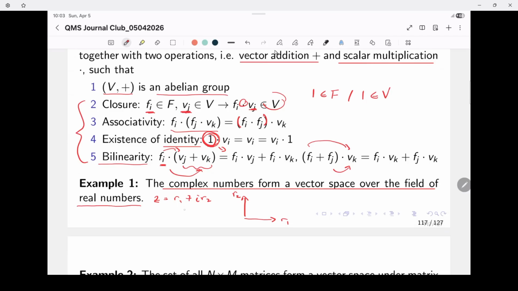So in this case, your 1 and i, 1 corresponding to the real part, i corresponding to the imaginary part. These two become the basis of your vector space over the field of real numbers. And then your R1 and R2 will be any real numbers. So that's what it means by example 1.